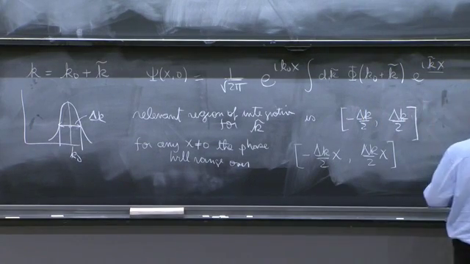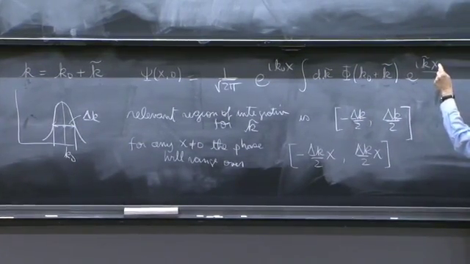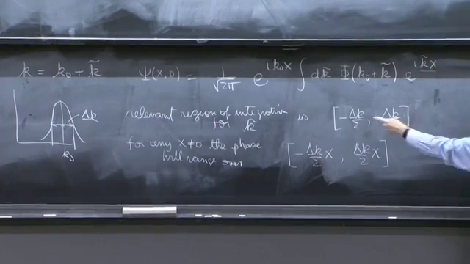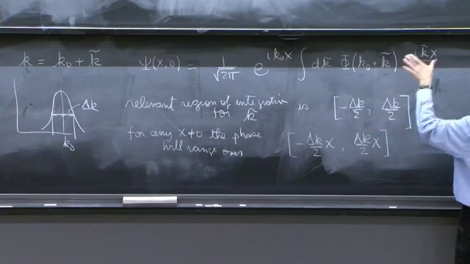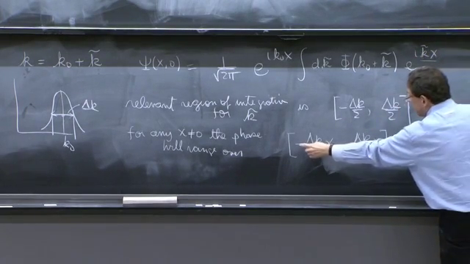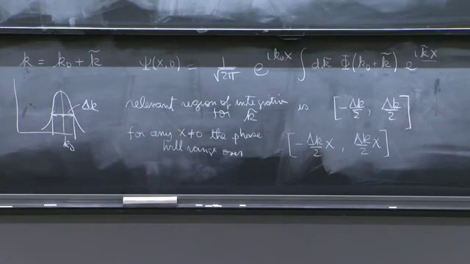You see, x is here, the phase is k tilde x. Whatever x is, since k tilde is going to run in this range, the phase is going to run in that range multiplied by x.